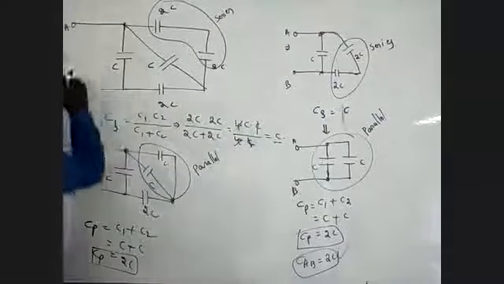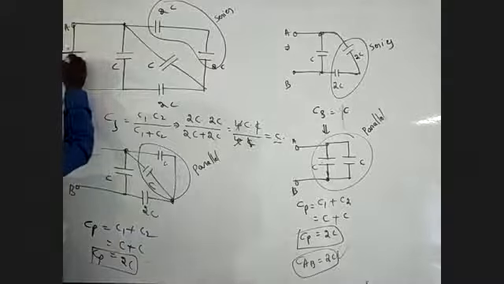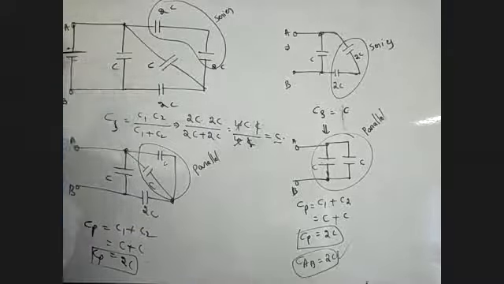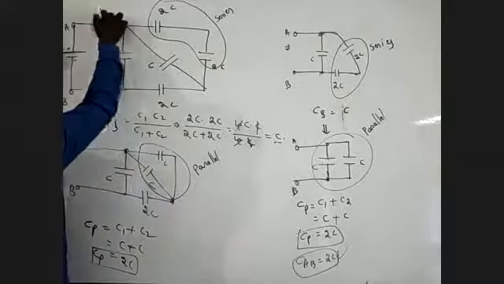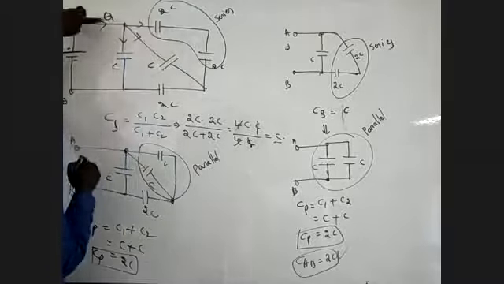Now this is AB. This AB is connected to a battery or cell. Now this is a charge Q. This Q enters at this point and can be divided into Q1, Q2, and Q3.